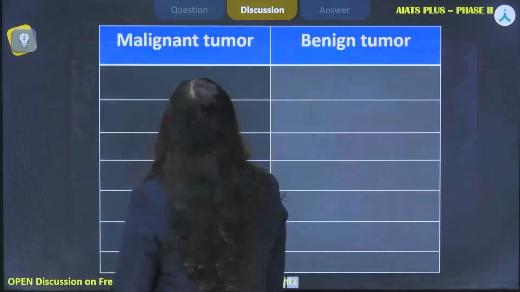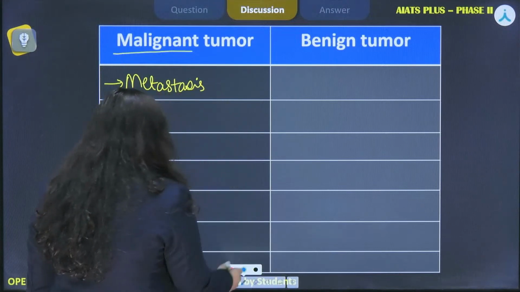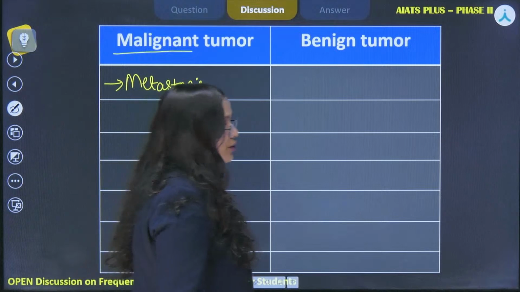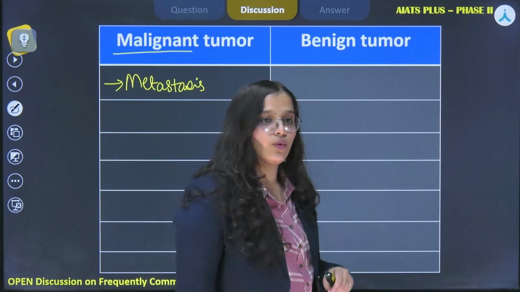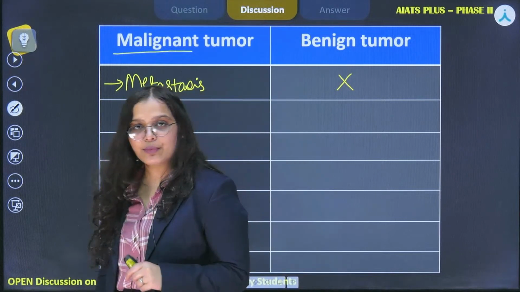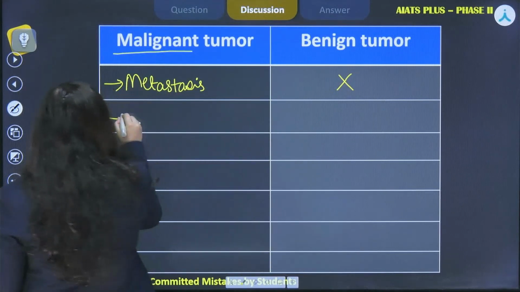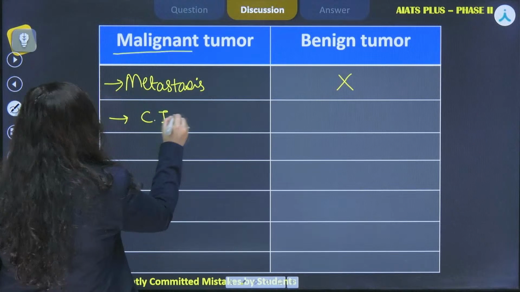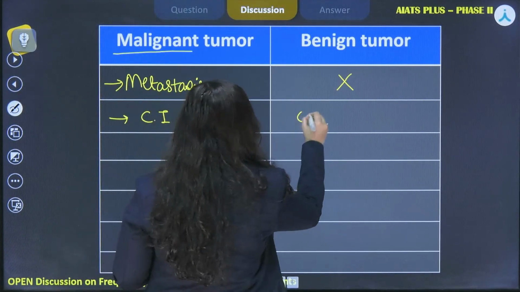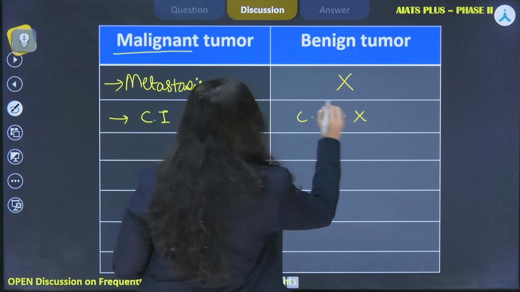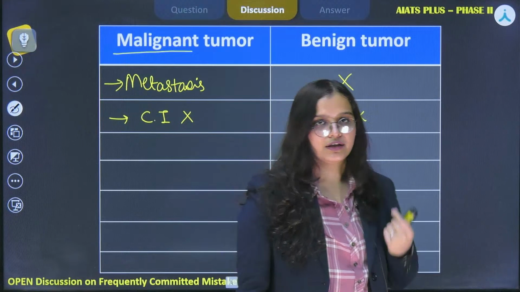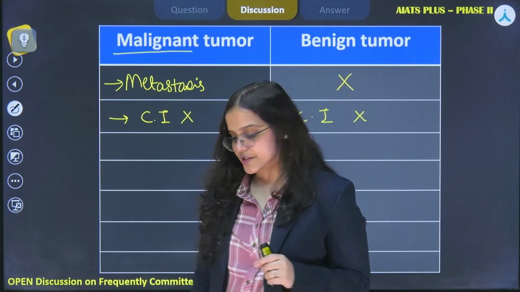So we go back to our table now. The malignant tumors will exhibit the property of metastasis, whereas benign tumors do not show this property, whereas contact inhibition, as we already saw, will be absent in both of them. Both of them will be said to have undergone neoplastic transformation.